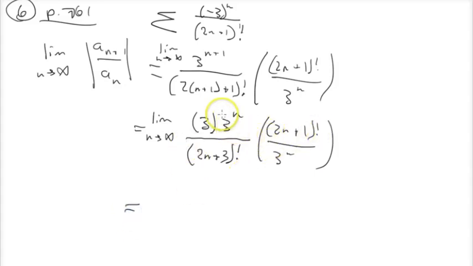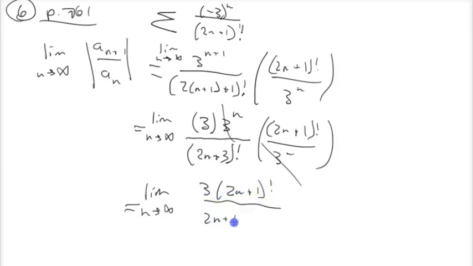And already, we've got a 3 to the nth power in both places, so we can cancel those out. So we'll get the limit as n approaches infinity of 3 times 2n plus 1 factorial over 2n plus 1 factorial times 2n plus 2, which is the next term, and 2n plus 3, which is the next term, and both of those are implied by this 2n plus 3 factorial.